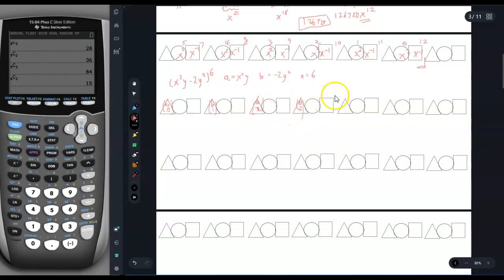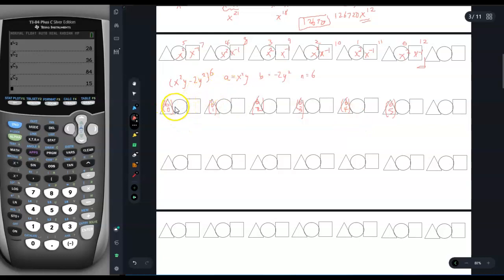One of these terms has x and y to the same power. This is to the 3, this is to the 4, to the 5, okay? That's the Pascal's triangle coefficient. We didn't even go find the Pascal's triangle coefficients, but we know it's 1, 6, 15, 20, right?